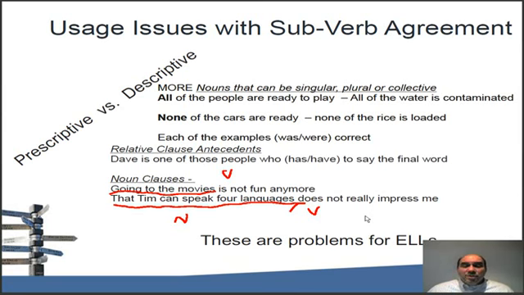Going to the movies, that thing, is fun, or is not fun in this example. That Tim can speak 4 languages, that thing, does not impress me. That's one thing. Your students are going to have problems with things like these, so you'll want to spend extra time to get them to notice these issues with regard to subject-verb agreement.